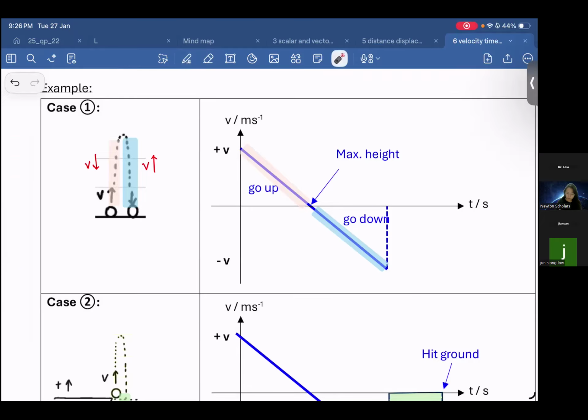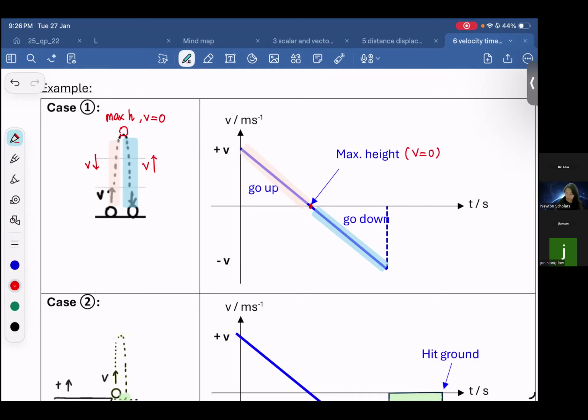So when the speed decreases going to the maximum height, velocity decreases until this point, at your maximum height, your velocity is 0. Is that clear?